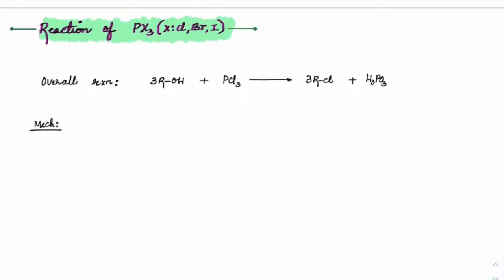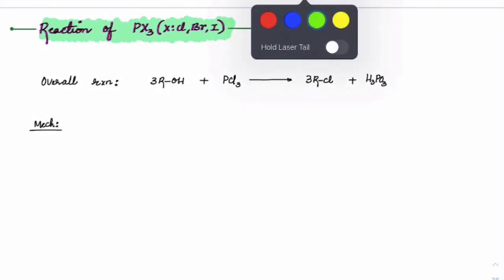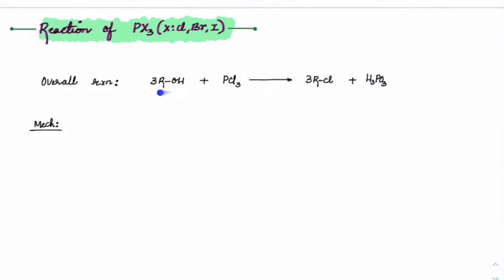Now let us come to the reactions with PCl3. First, let us write the overall reaction here. You can see the overall reaction is ROH plus PCl3 giving RCl and H3PO3. Usually here the reaction will be most favored if you use bases, but if nothing is given, it means PCl3 is directly added to ROH.